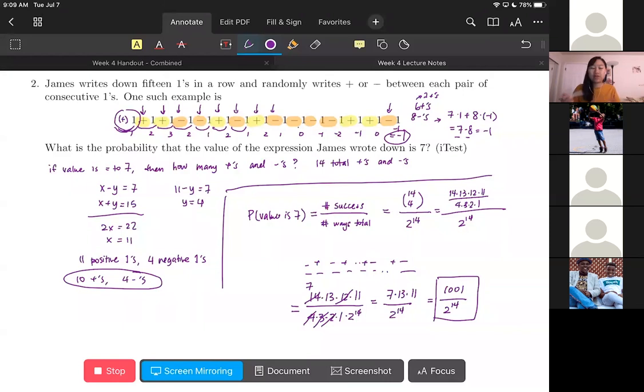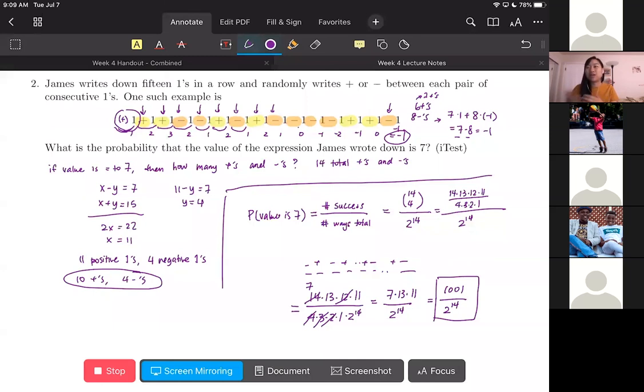And the other way, I think, to connect this to what we were doing in previous weeks is that we could break this down into 2 subproblems. Each of the problems is very similar to a problem that we've solved in the past. The first problem is how many different ways can James write down 14 signs in order where each sign is positive or negative?